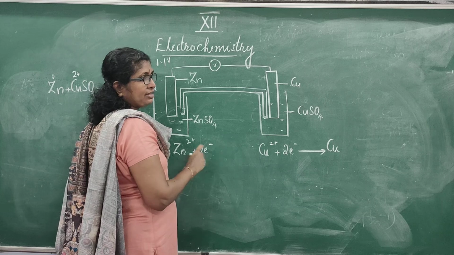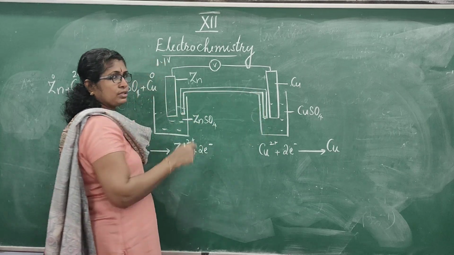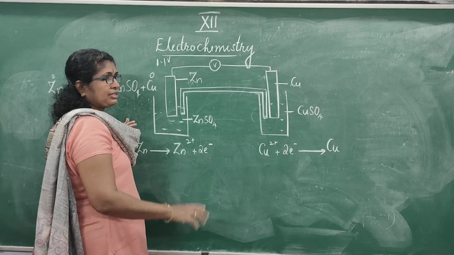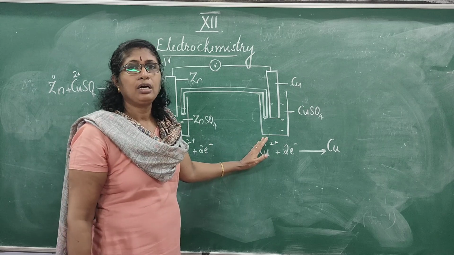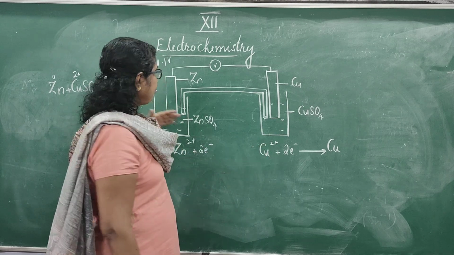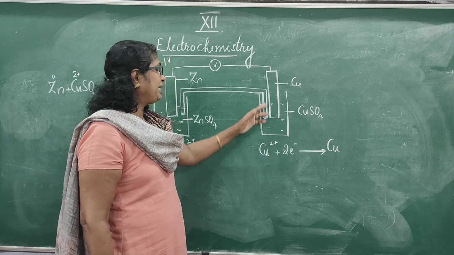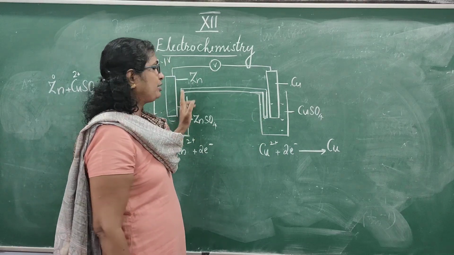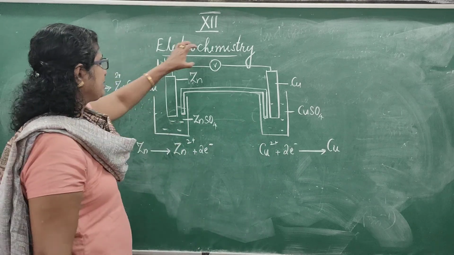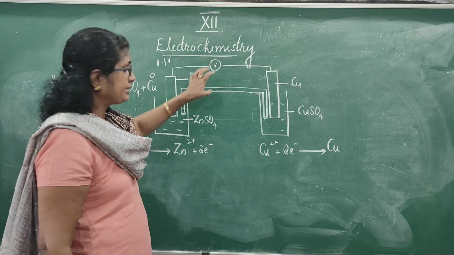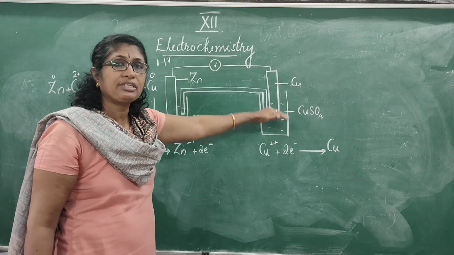To make them electrically balanced, the ions can move through the salt bridge, and they keep the electrical neutrality, and it keeps the solutions always connected. Otherwise it will be an open circuit. To make it a closed circuit, we have to use the salt bridge. So this is how, chemical energy is converted to electrical energy.